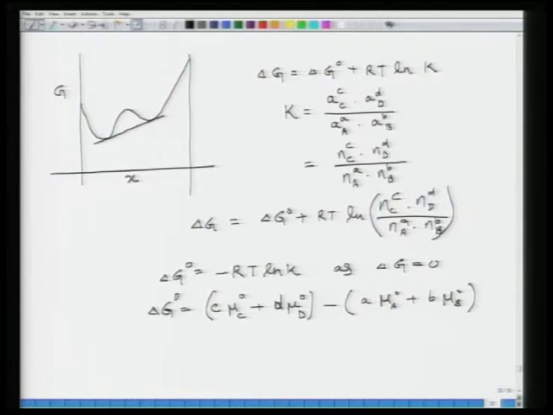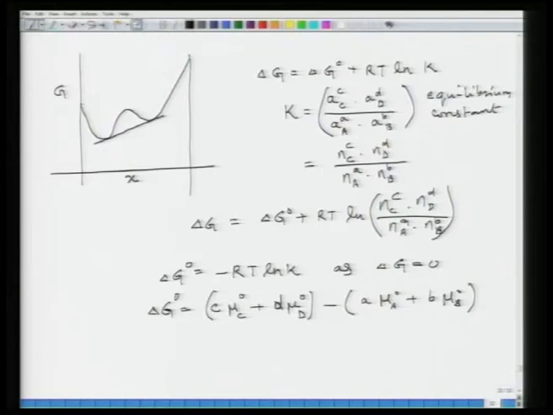So, basically you have written what K is. So, now K, as you know, is nothing but the equilibrium constant, or often referred to as the reaction constant, which relates the activities of products to the reactants under given conditions.